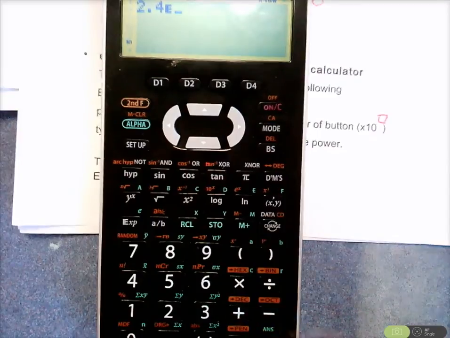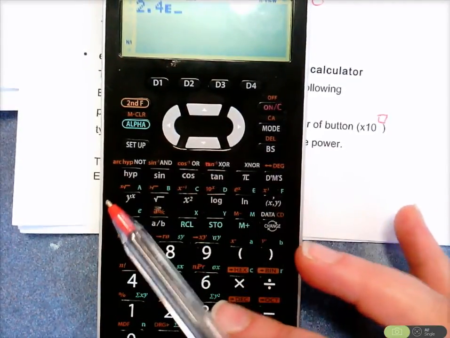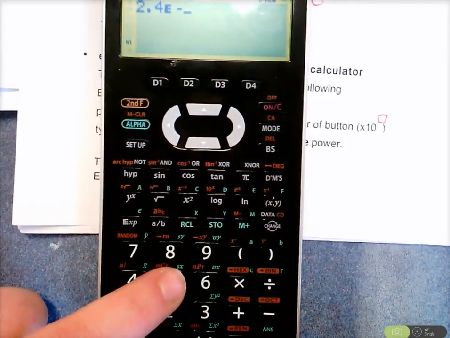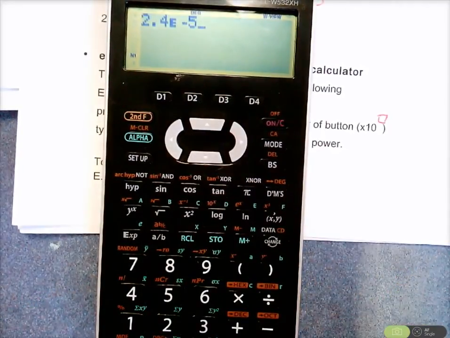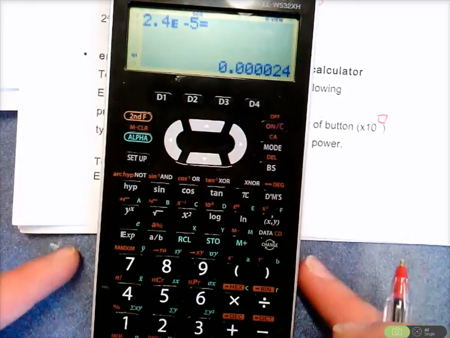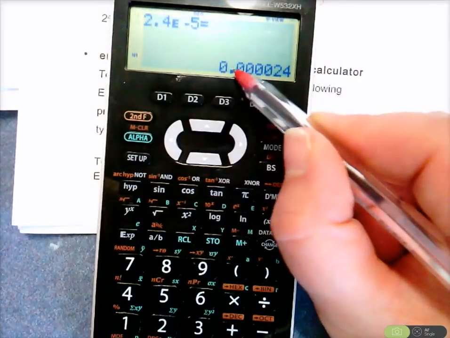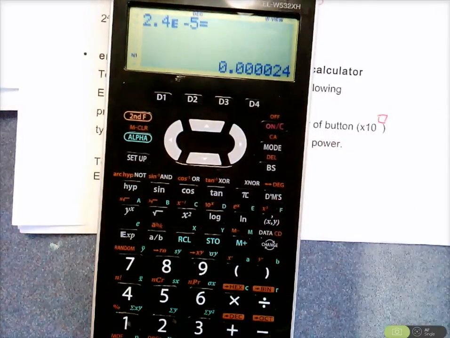That's telling me EXP means an exponent, times 10 to the power of, it does that for me, negative 5. And it looks like that on that calculator, 2.4 e to the negative 5. If I press equals and change, it's 0.000024. And you know that that's 2.4 times 10 to the negative 5.